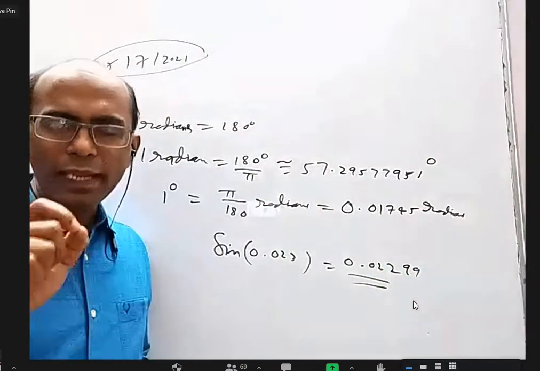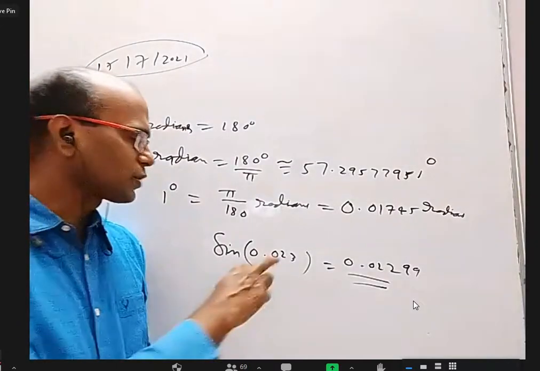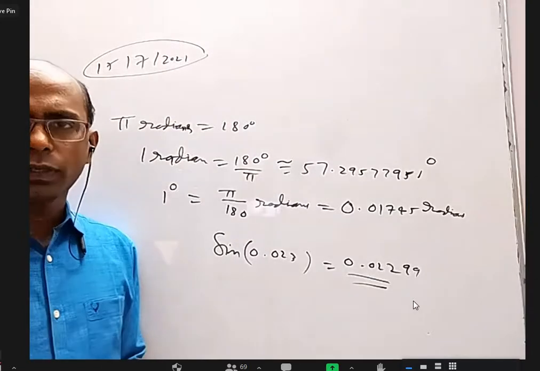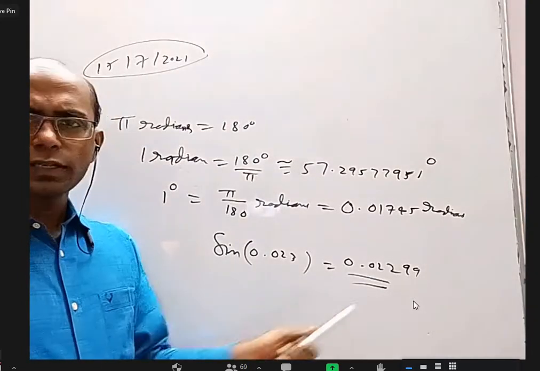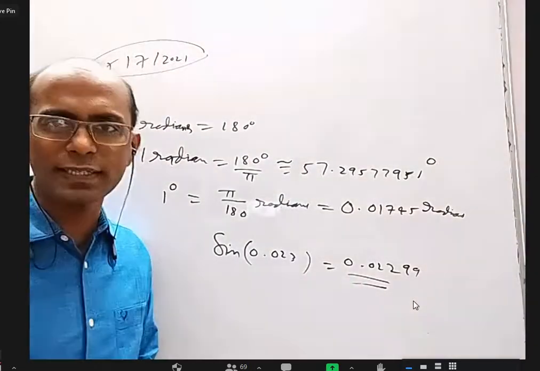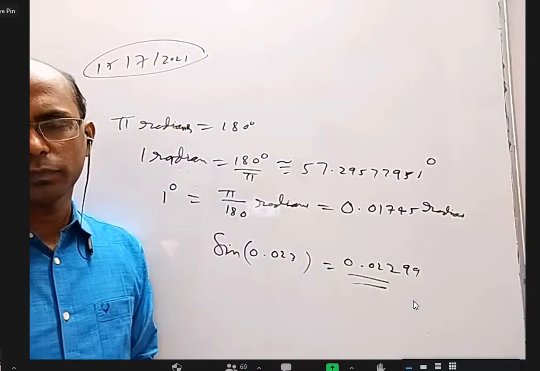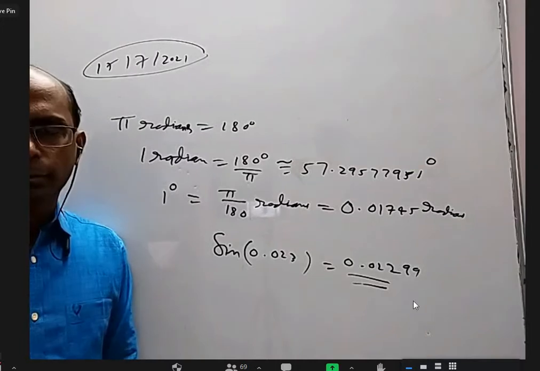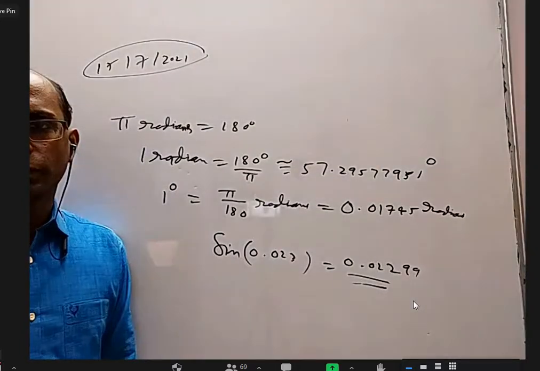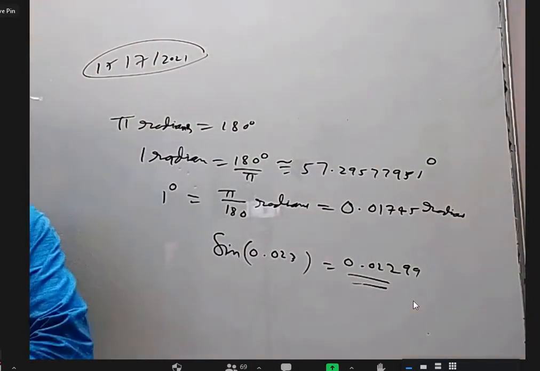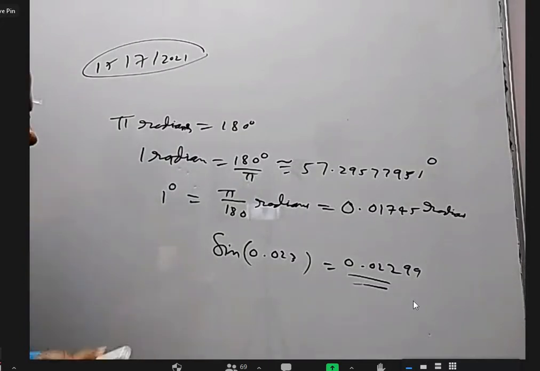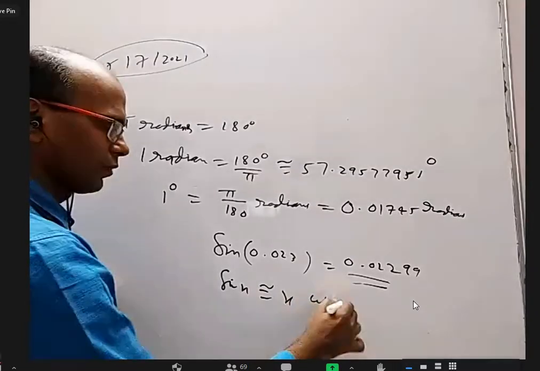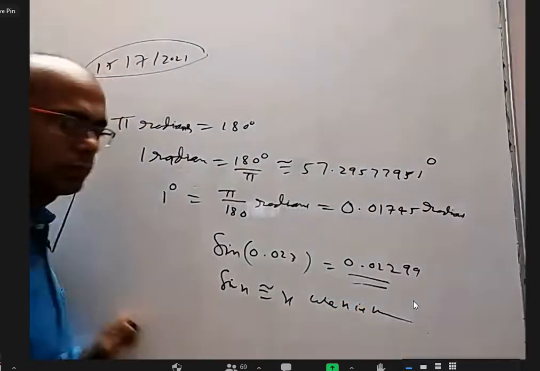So when the angle is very, very small, there is no difference between sine theta and theta. Anybody want to comment why sine theta and theta are coming more or less the same when theta is very small? Sin x is approximately x when x is very, very small.